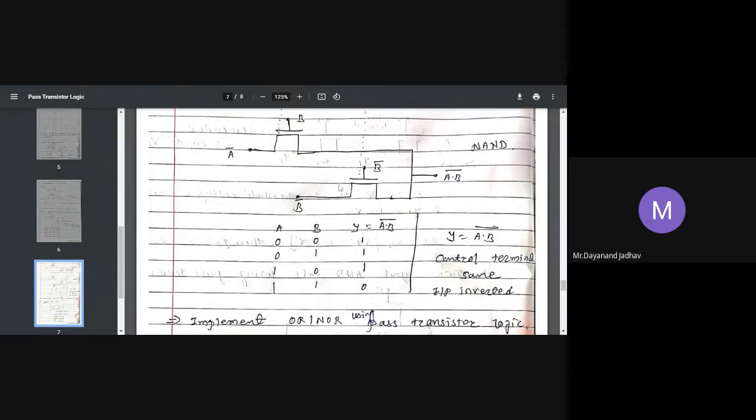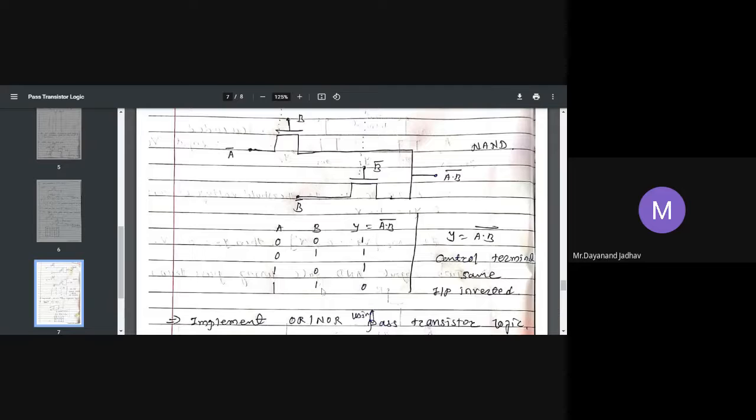But for the second transistor, B is equal to 0 in the truth table, so B bar is equal to 1, which means this is in the on condition, a closed switch. Therefore B bar is 1, 1 passes here, therefore for the third case the output is 1.